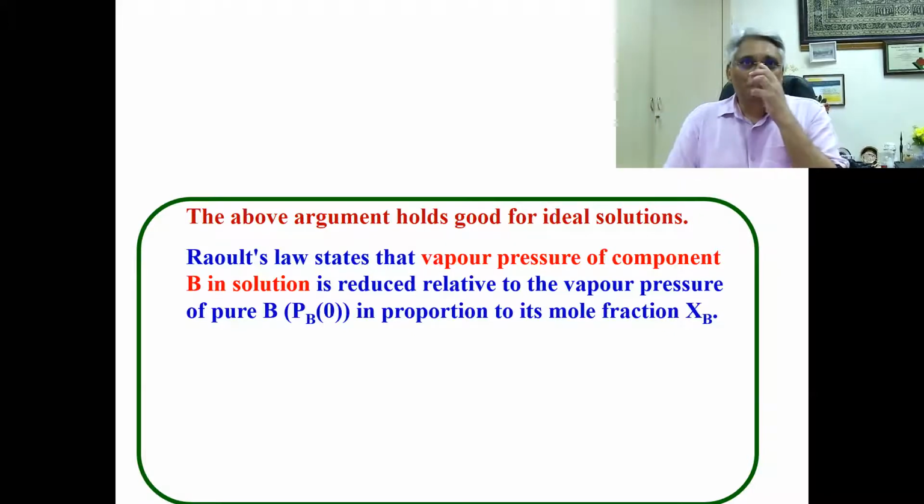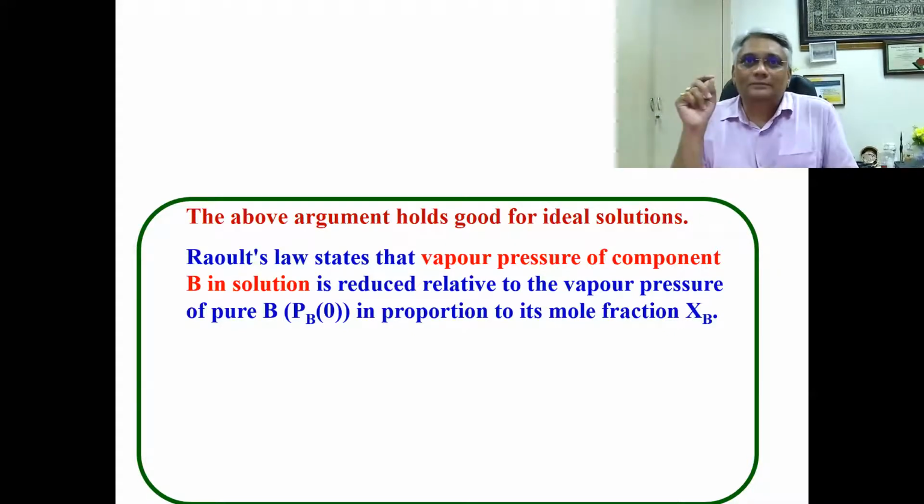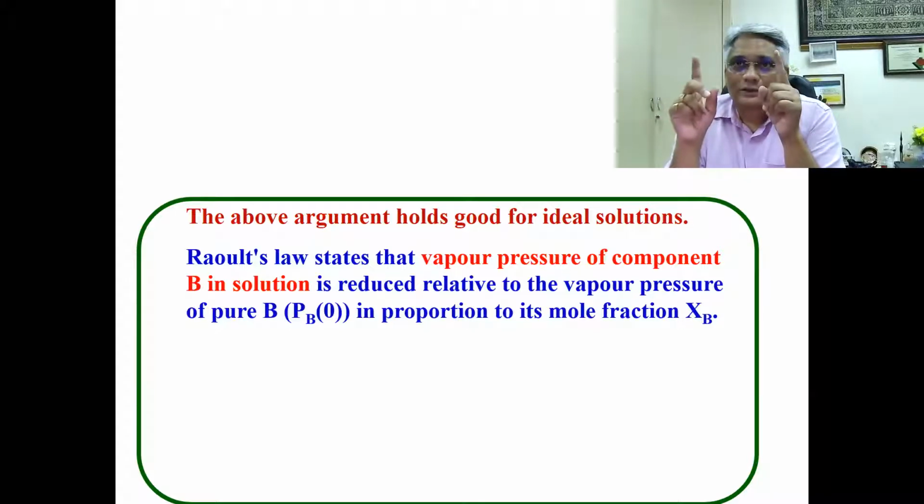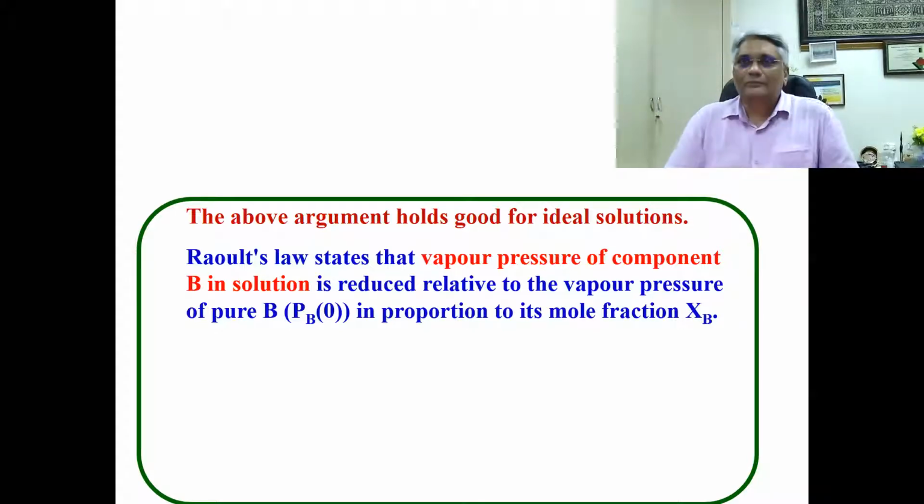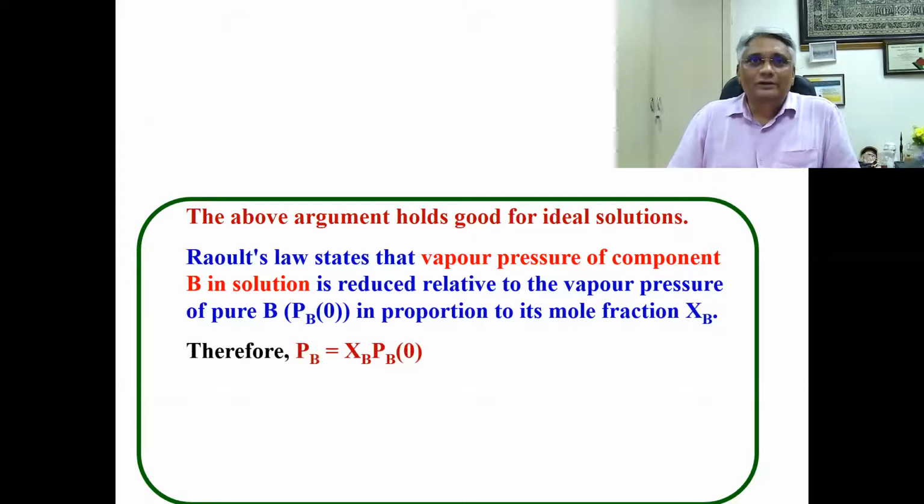The vapor pressure of B in solution is proportional to the mole fraction. This proportionality is given by a simple relation: PB, the vapor pressure of B in solution, is equal to XB, the mole fraction, times PB naught.